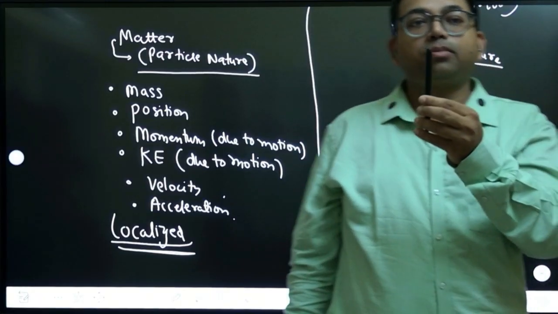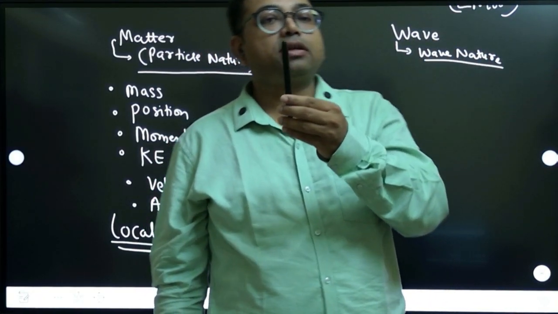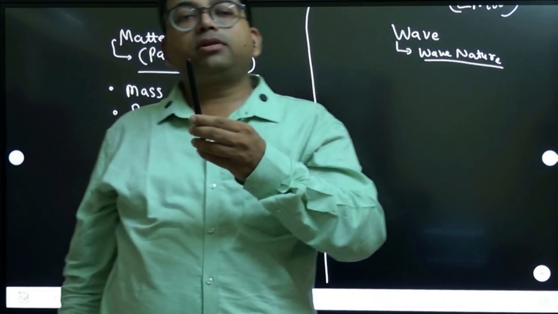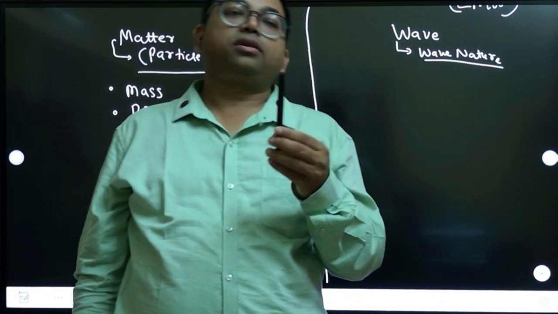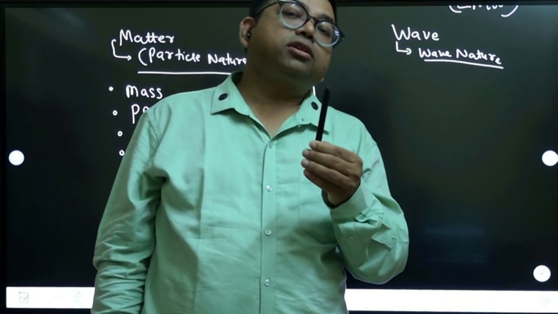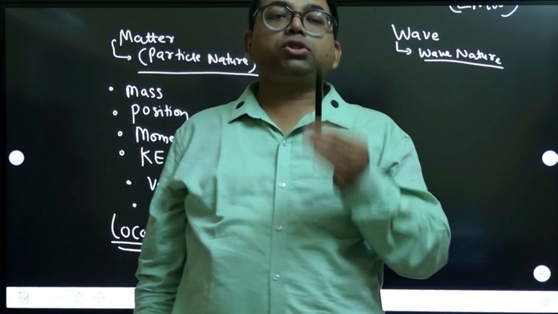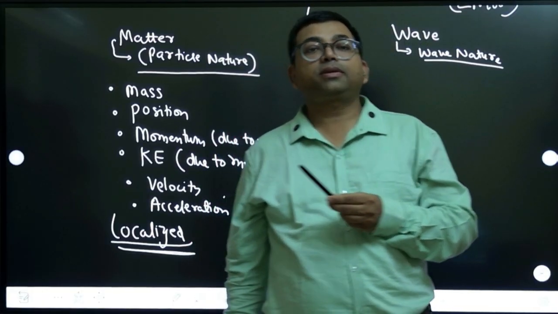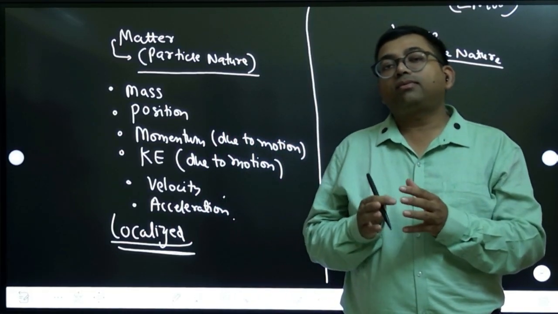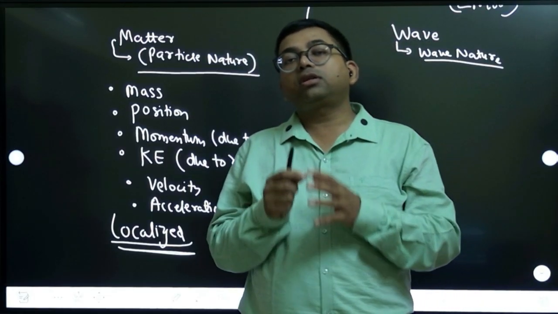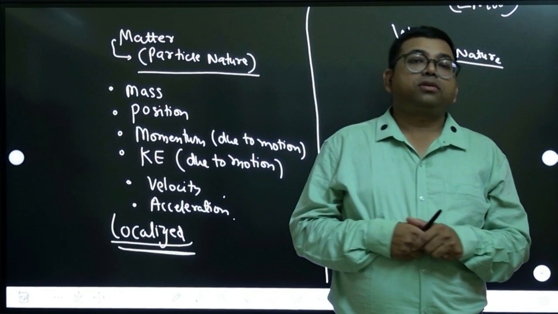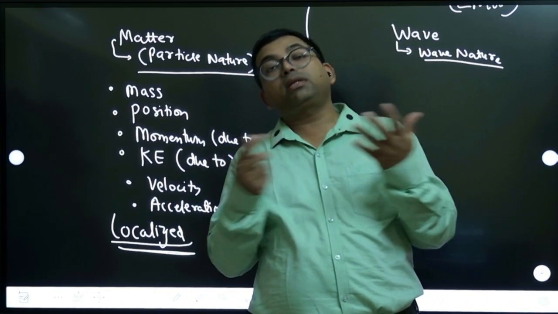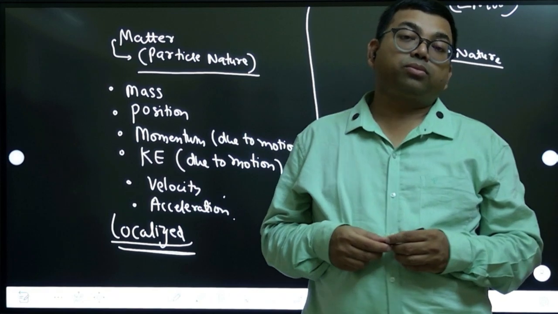I can move this object, and after some time its position can change, but at a particular instant of time it is only at a given position. That is what a particle is. Particle or matter will have a particular position at a given instant of time. It cannot be present simultaneously at more than one point.